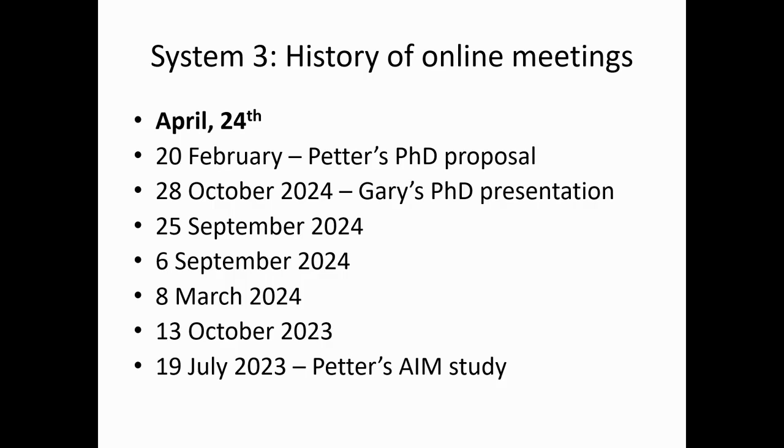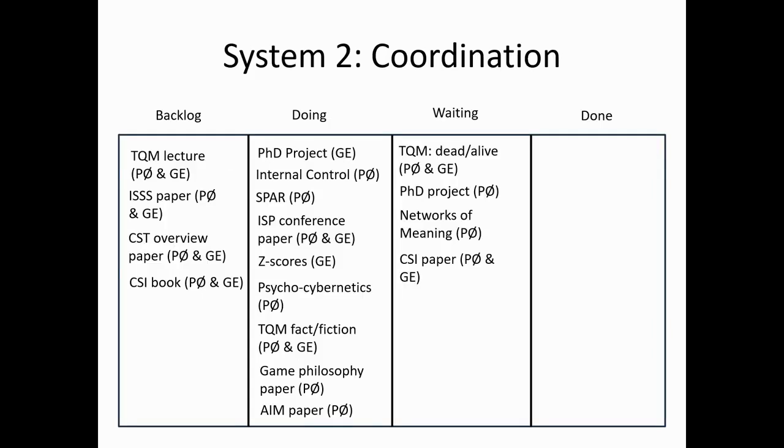The time before that we looked at your PhD presentation, and prior to that we had gone through various papers, presentations and conferences. We started with my AIM study in July 2023. That's how our collaboration started. That was that system, and then we had the coordination.